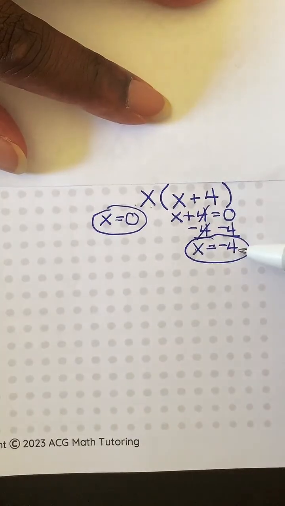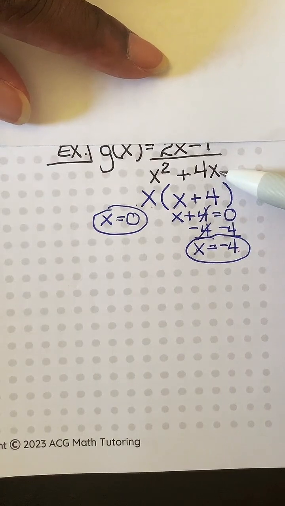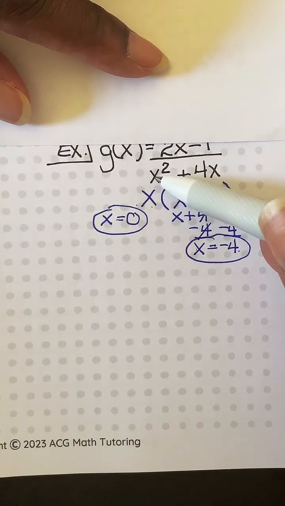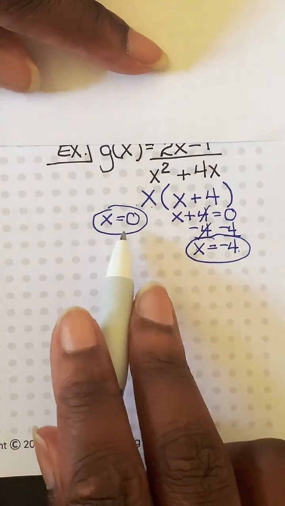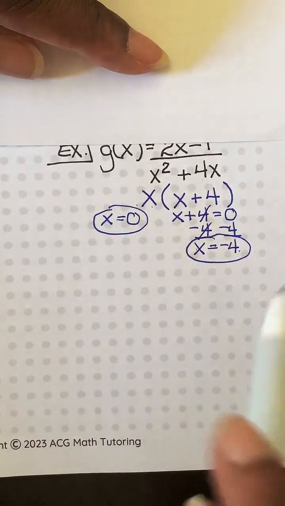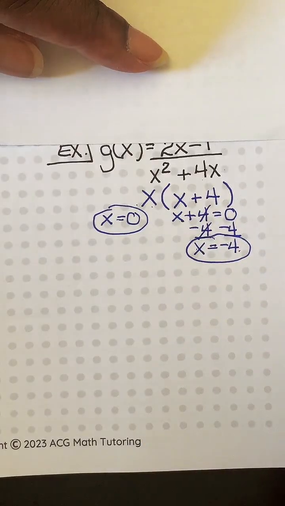If I plug negative 4 back into my original, negative 4 squared gives me 16, and 4 times negative 4 gives me negative 16. 16 minus 16 gives me 0. So this time I have two solutions that make this denominator 0.